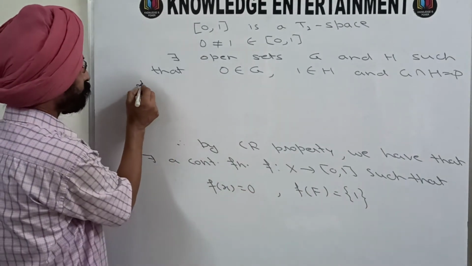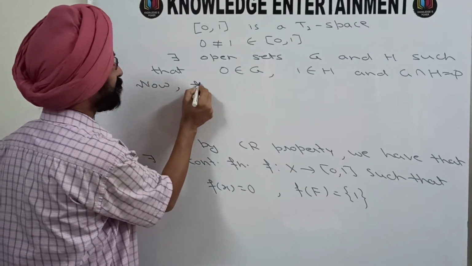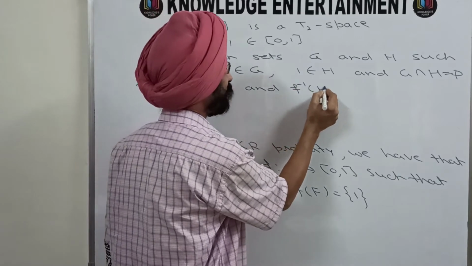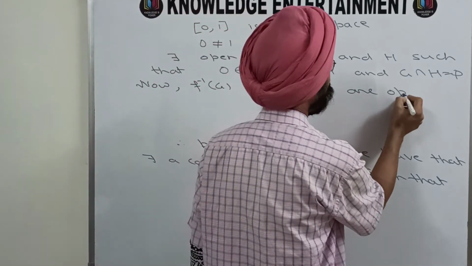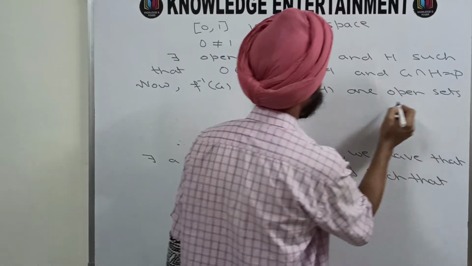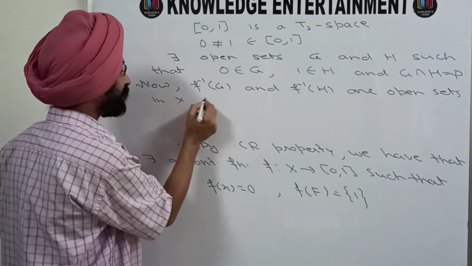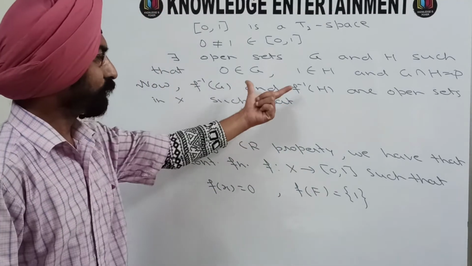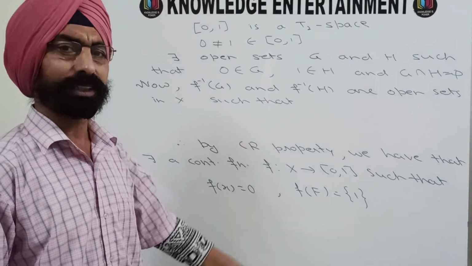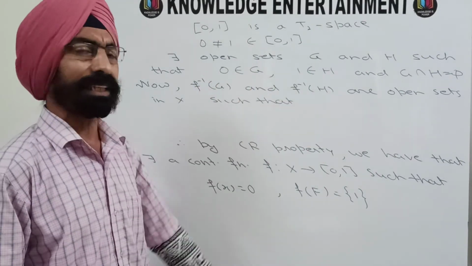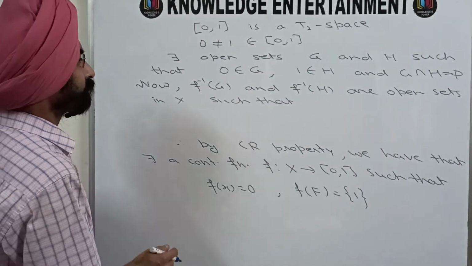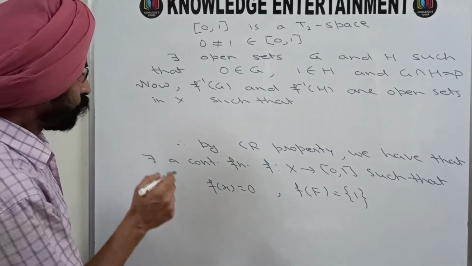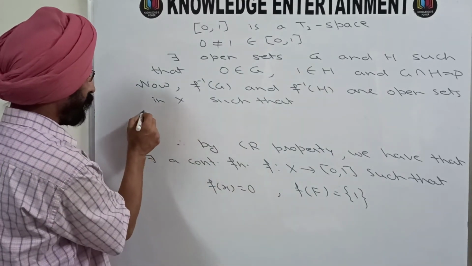So now f inverse G and f inverse H are open sets in X, here I will use the continuity of the function f. Now 0 belongs to G, and you know that f(x) is 0.